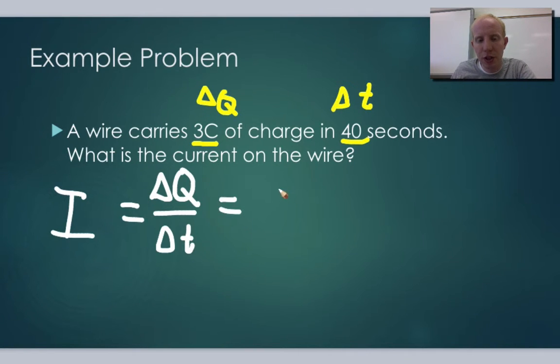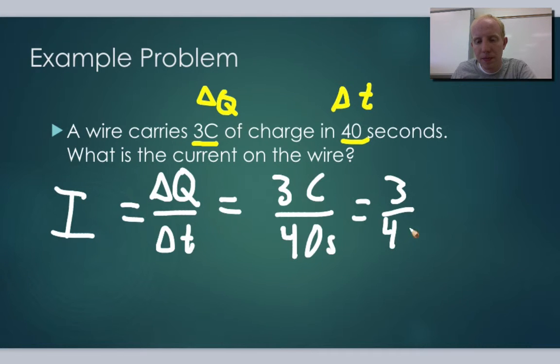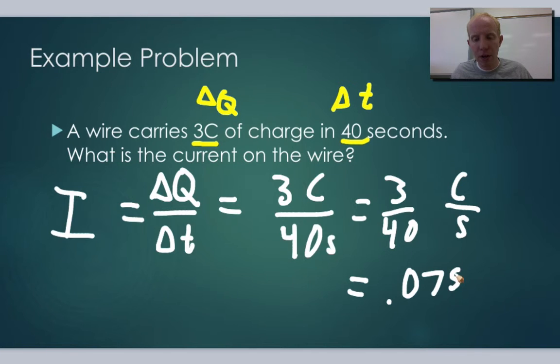Change in charge is 3 coulombs, change in time is 40 seconds, so that is equal to 3 over 40 coulombs per second. We put that into our calculator, and we get 0.075 coulombs per second, or amps.